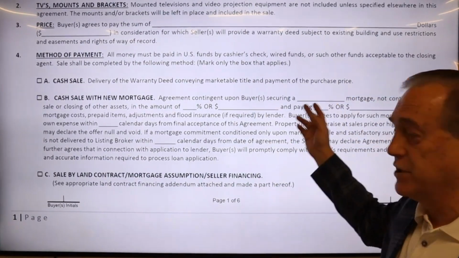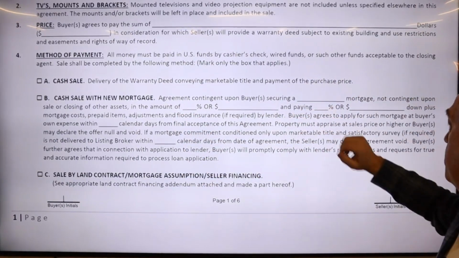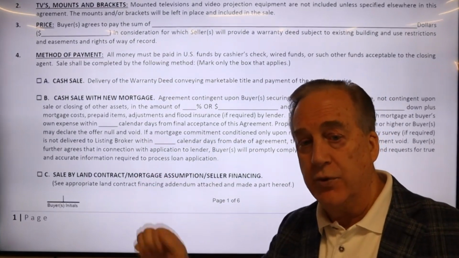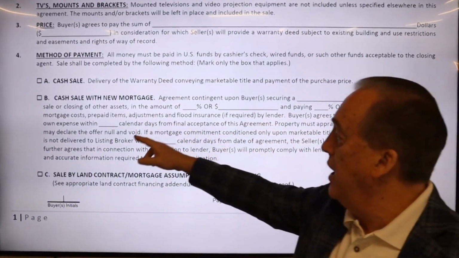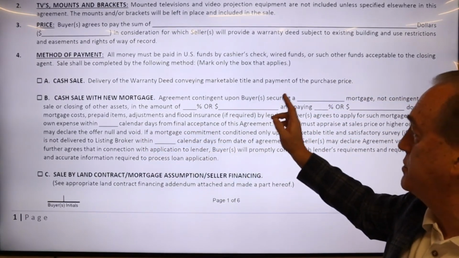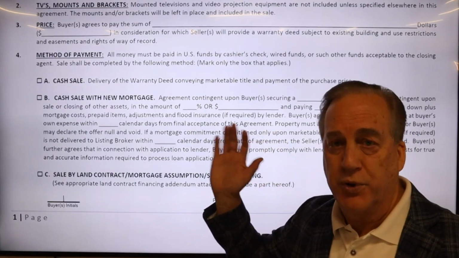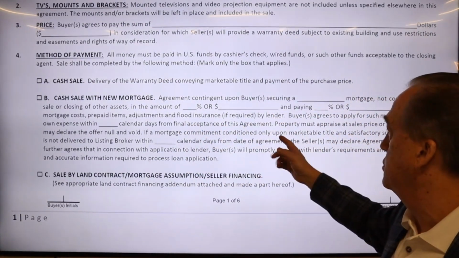So if this was a 20% down, it would be in the amount of 80% and paying 20% down. And we're leaving the dollar blank, or putting a line through it would actually be best. It then goes on to say down plus mortgage costs, prepaids, adjustments, and flood insurance. So all things necessary for them to be able to get approval is what it is contingent upon.